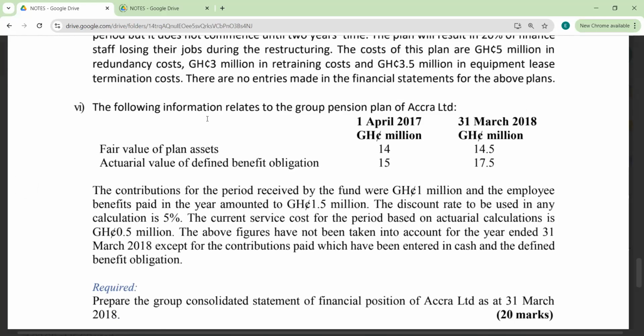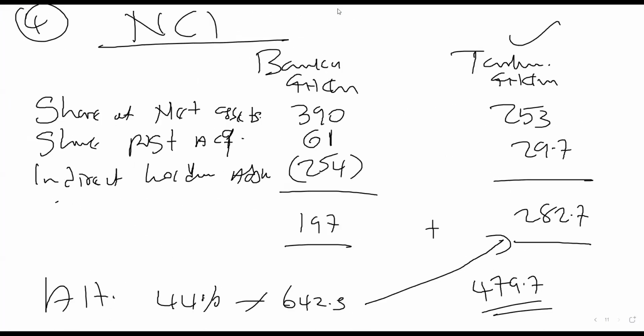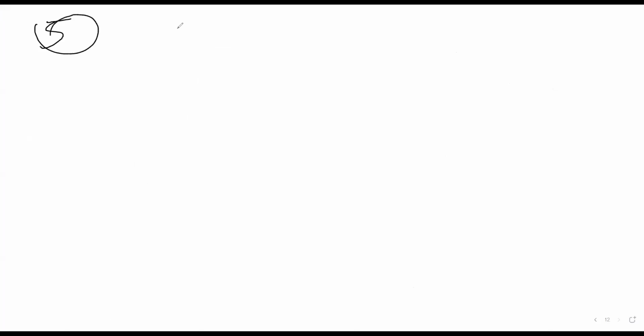Group OCI as well. Good, group OCI. Let's do a group OCI. It's very easy. Let's do it. Workings number 5.